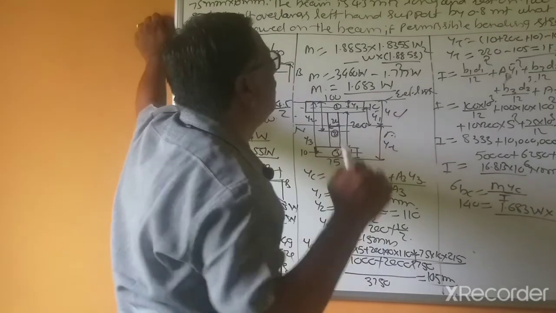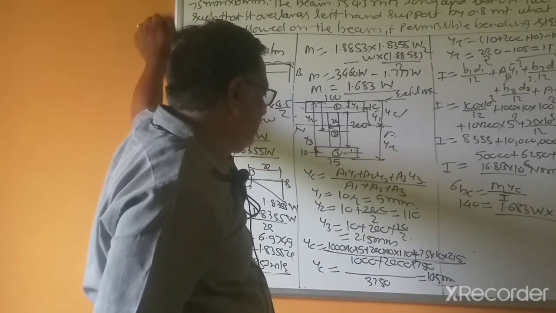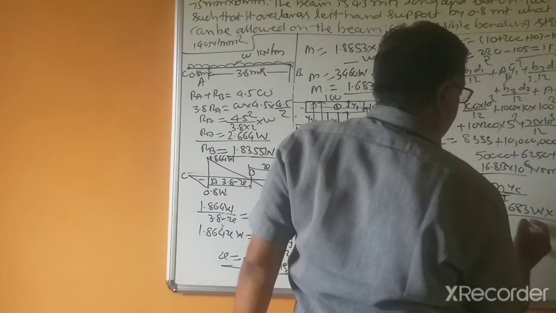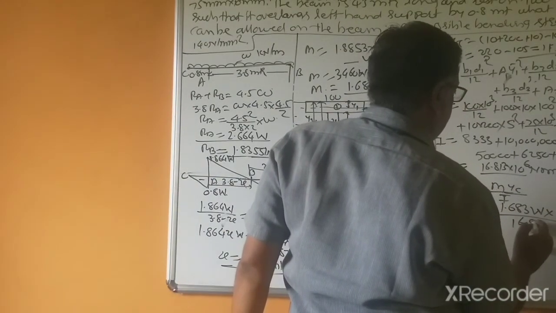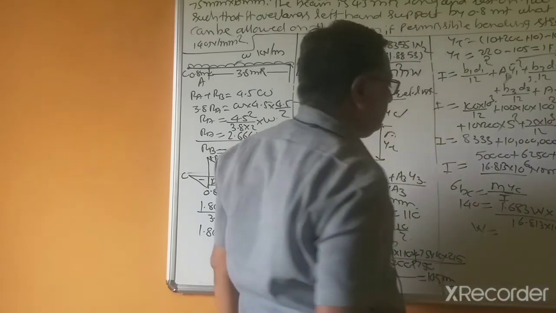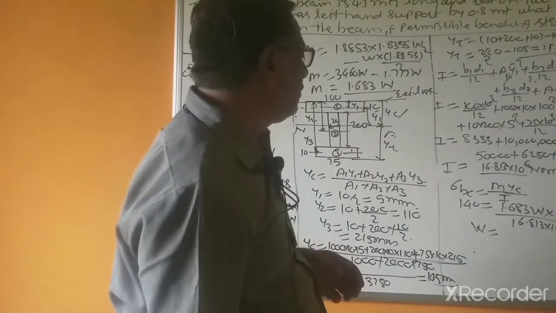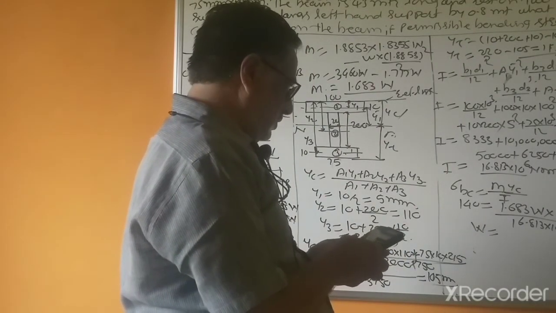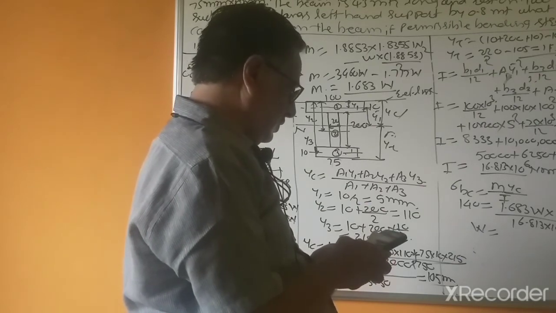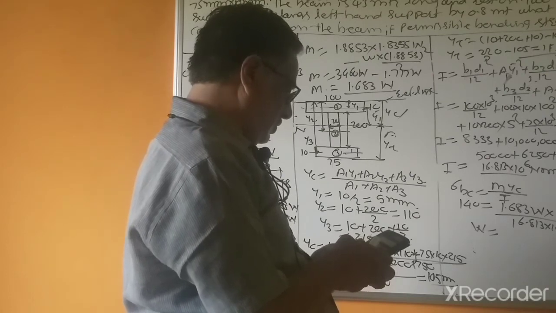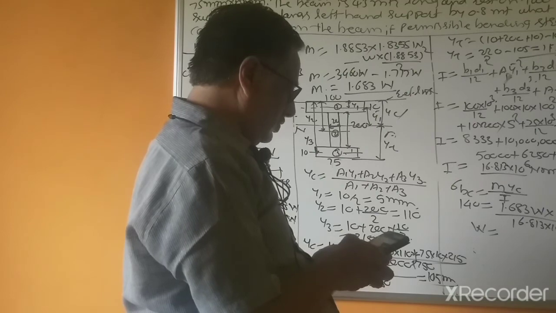So yc equal to 105. 16.813 into 10 to the power 6 multiplied by 140, divided by 105, divided by 0.683, divided by 1000.